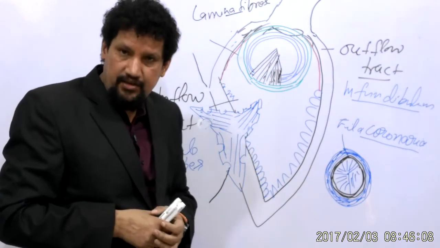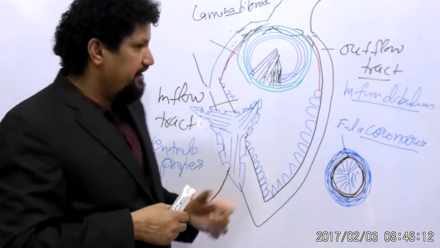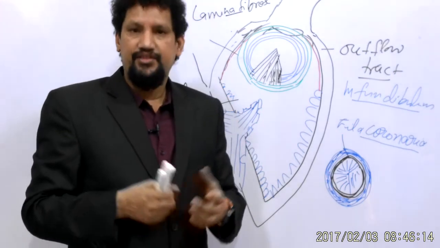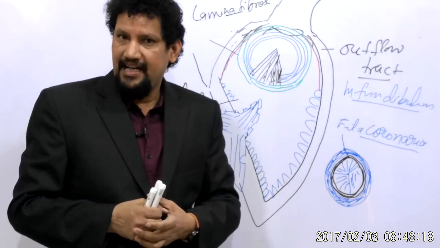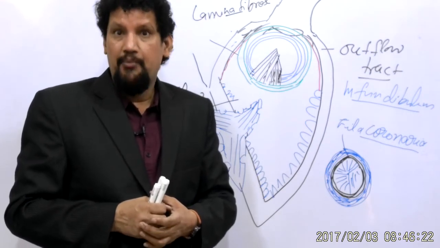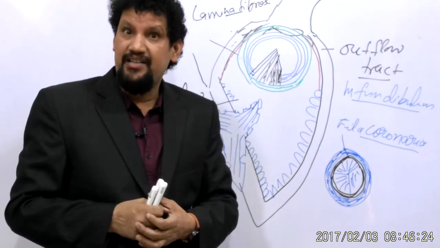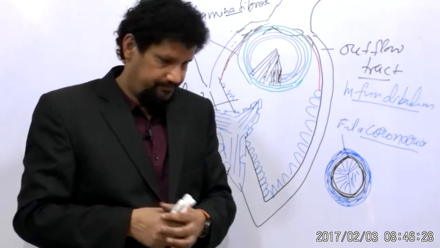The free margins of the cusp are turned inside the ventricle, and there are some tendinous fibers known as chorda tendini that prevent the backward turn of the cusps or leaflets during systole.